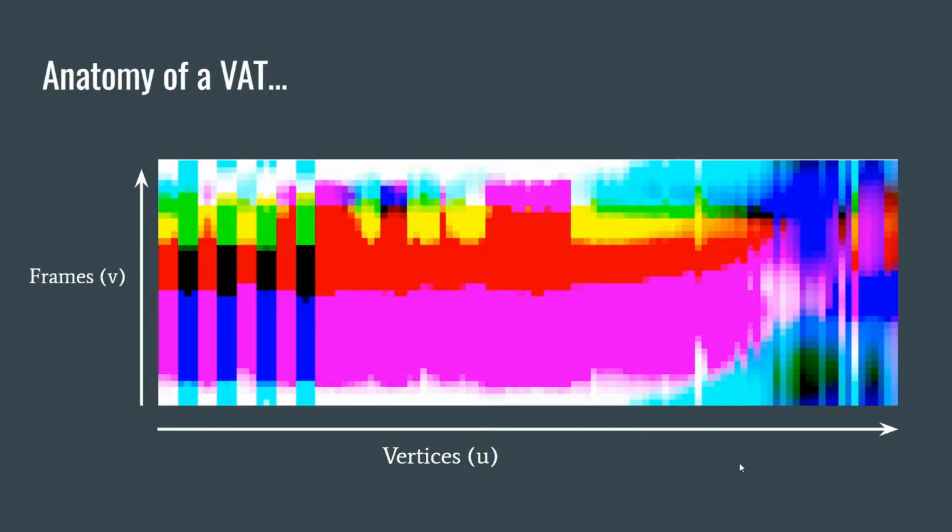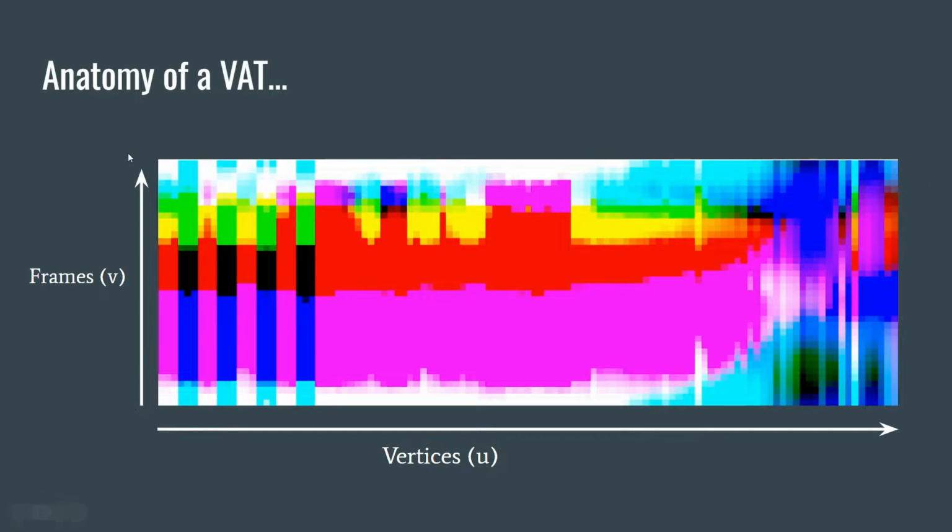Along the x-axis down here, or the u-axis, we'll call them u and v for uv coordinates since this is a texture, we have our vertices. Starting at the top left pixel, we would have vertex index 0 of our mesh. If we move right, we'll have vertex 1, vertex 2, vertex 3, and so on across the horizontal of the texture.